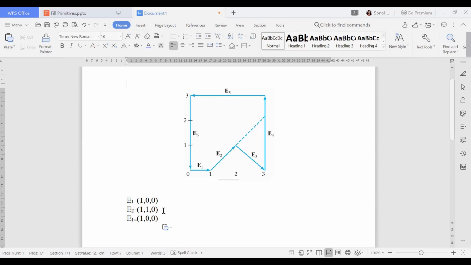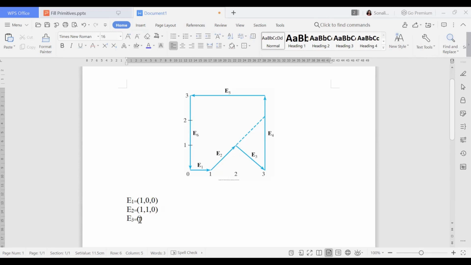Now again I have to write about E3. How will I write about E3? For E3 you can see where I have gone: I have gone down. Can you see here? I have gone from here to here, down, right? So I have to write that I have gone down along my y-axis.